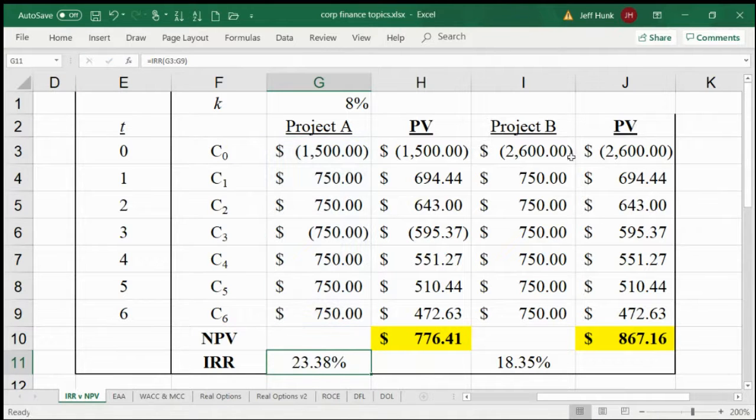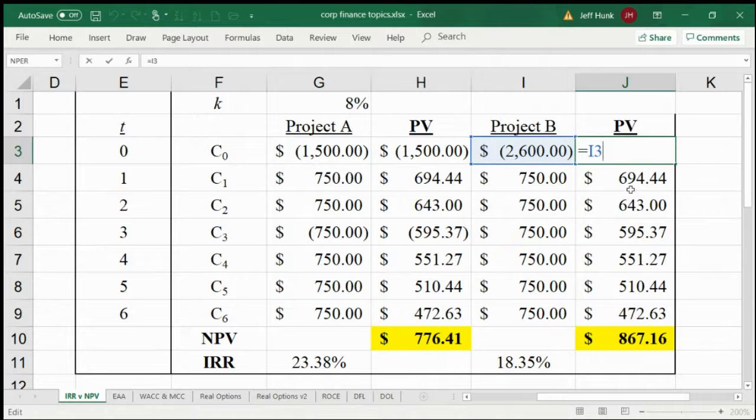And what about project B? It's basically the same thing, right? And you understand that the initial cash flow is already a present value. You just replicate it; you don't need to find the present value.